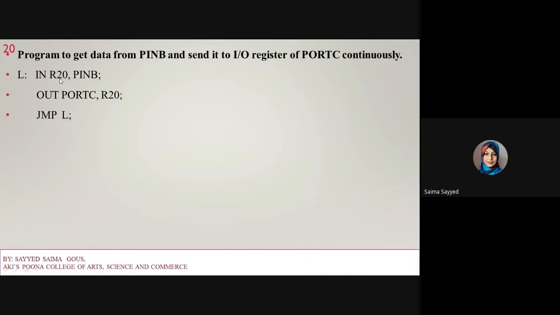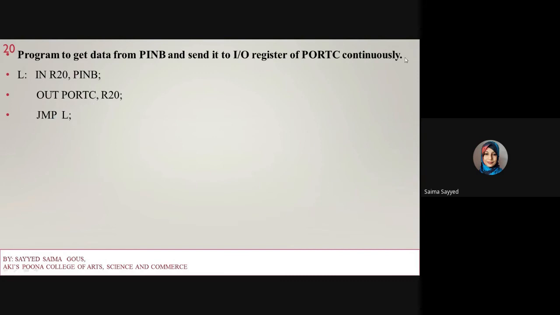See, in R20 comma pin B means the contents of pin B get loaded to R20, then this R20 data we have to send to port C, so we will use the out instruction, out port C comma R20, that means whatever the contents of pin B get loaded to R20, that R20 gets loaded to port C.